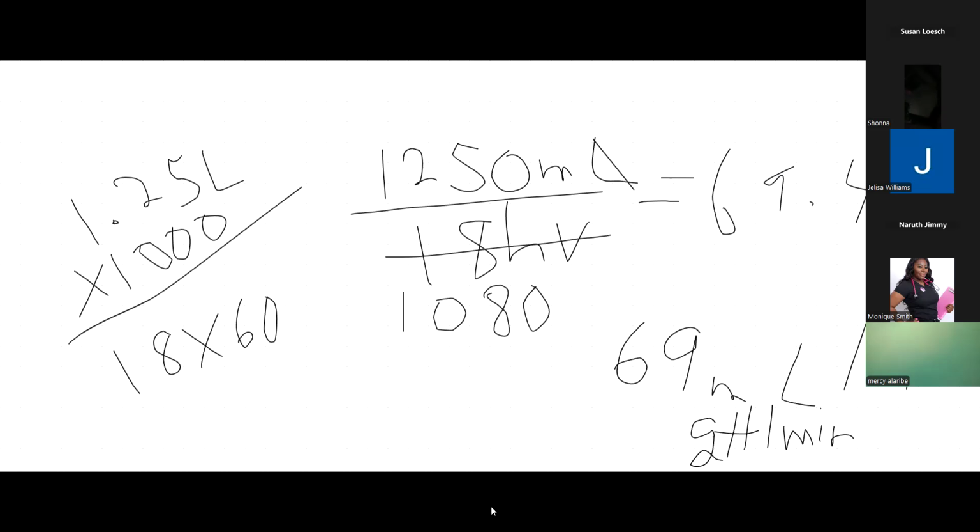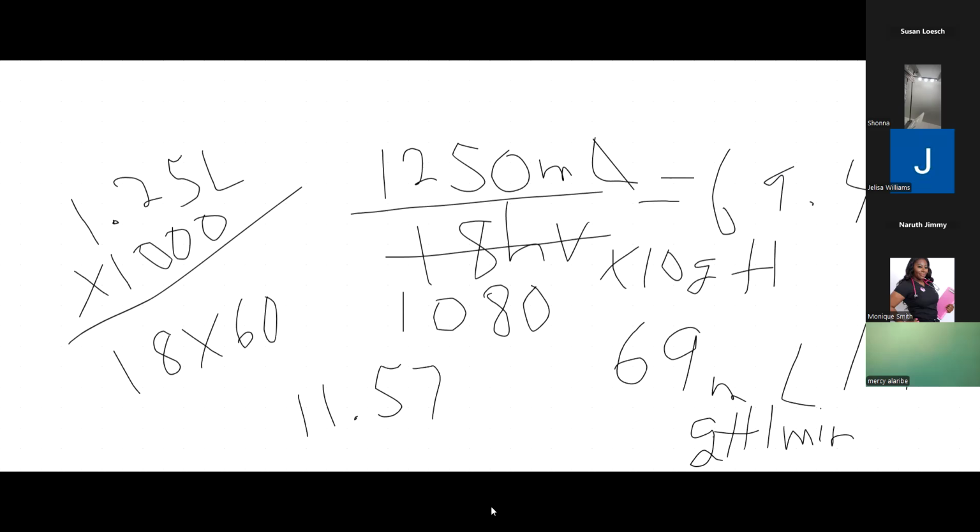We're going to multiply that whole number times our drop factor, which I said was 10, right? Yes. Okay. And that should have gave you 11.57, blah, blah, blah. So how many drops per minute would that calculate to? 12. All right, so we got 69 mLs per hour and 12 drops per minute.